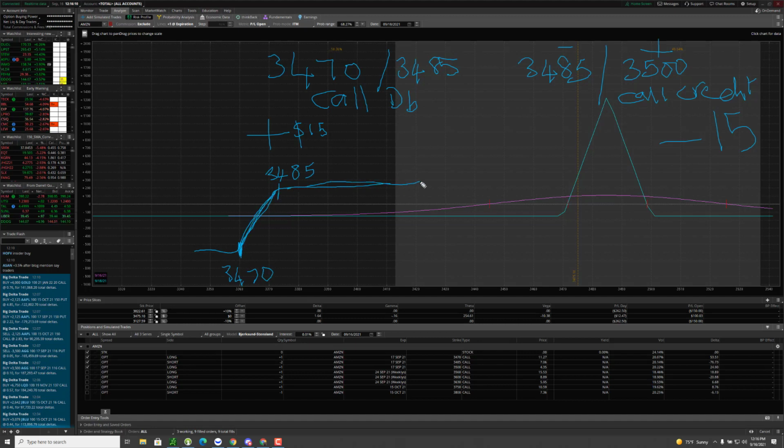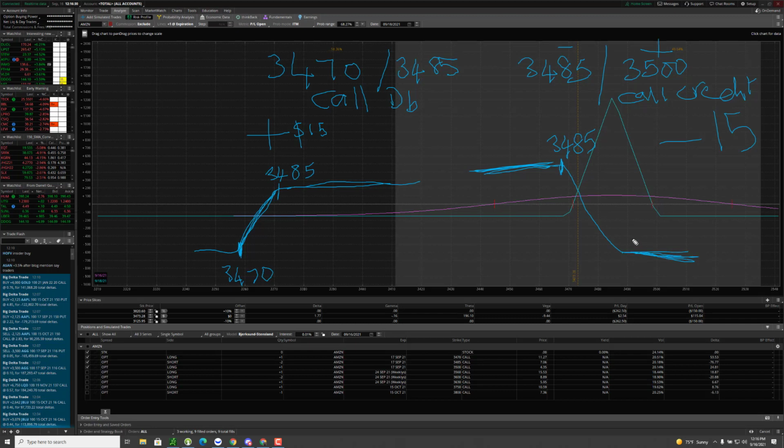After that it caps out, because you are promising to sell here. When you do a credit spread, this is the max profit that you can make, which is the credit that you received. Once it crosses 34.85, you start losing money, and you have max loss when it goes beyond 35.00. So you lost the entire width.